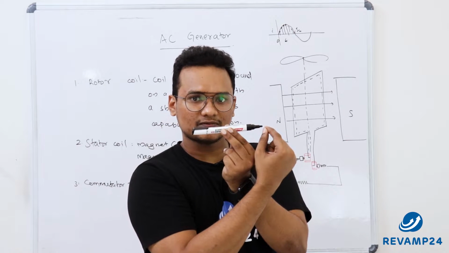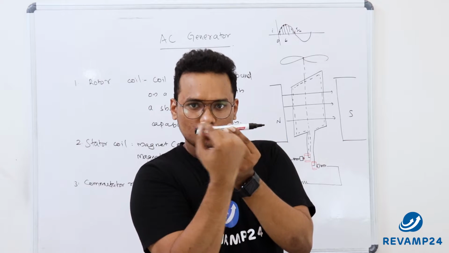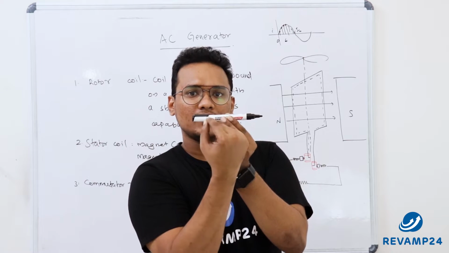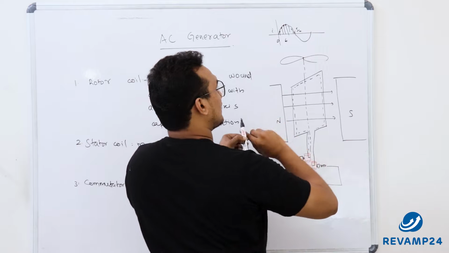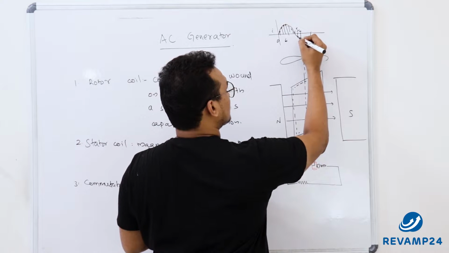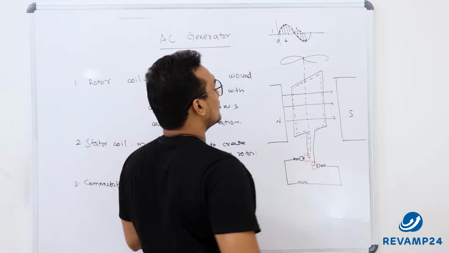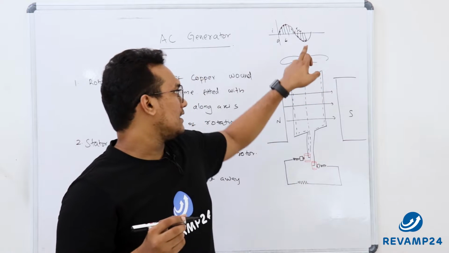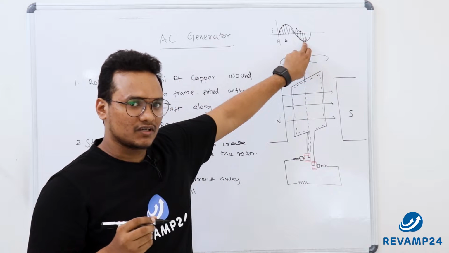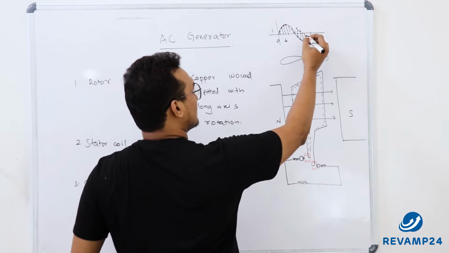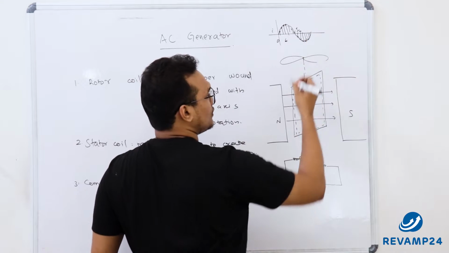So from here it starts from 0. Now 1, 2, 3, 4, 5. Now see, current reverses direction, in the opposite direction. From there it reaches the maximum value in the reverse direction, then starts decreasing to 0.